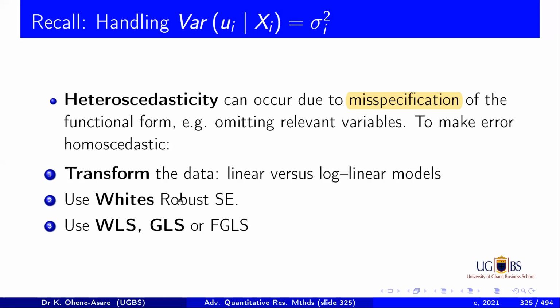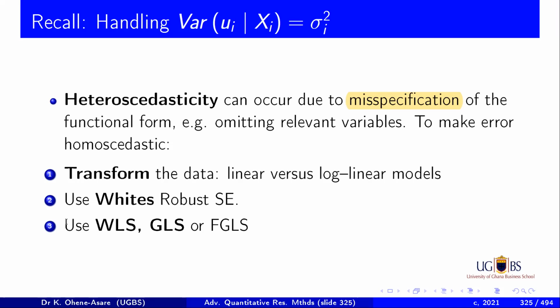We have looked at the White heteroscedasticity-robust standard errors. And we saw the last time that when you use that one, it was able to correct. The estimates were still maintained, but the standard errors were corrected so much that it led to very significant p-values. Fantastic. That was a wonderful result that we had.